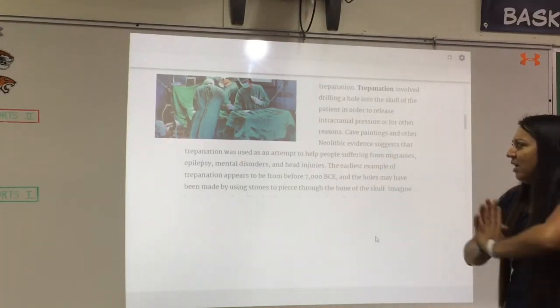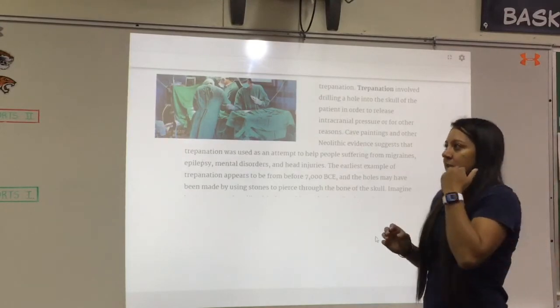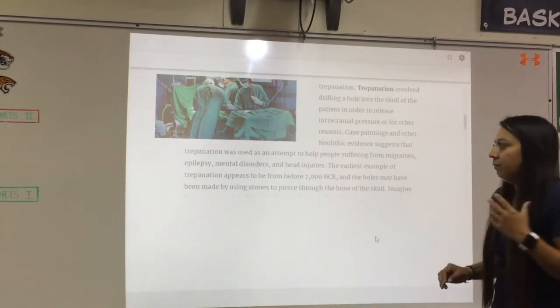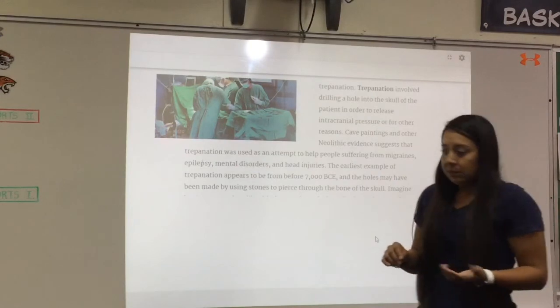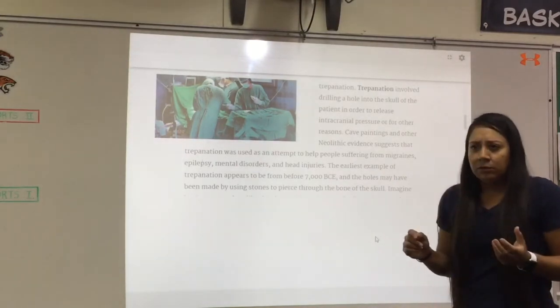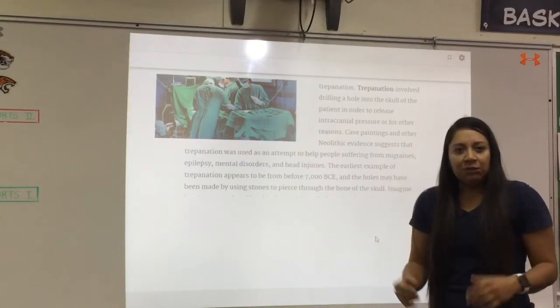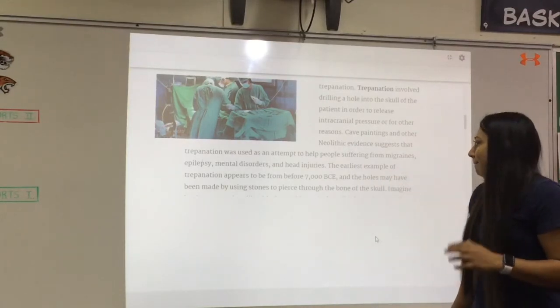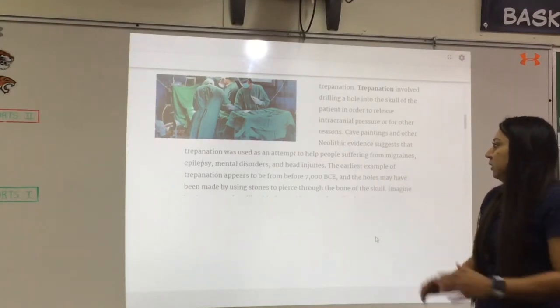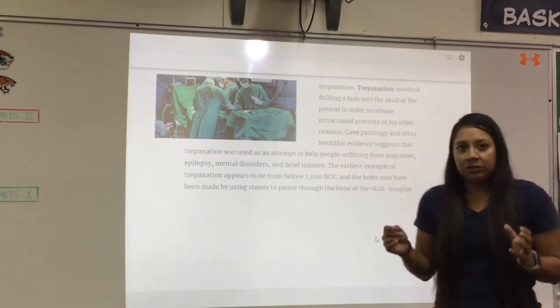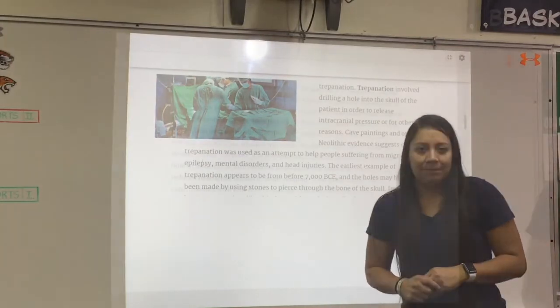It was thought that trepanation would be a cure for people that were suffering from migraines, epilepsy, any type of mental disorders, and if they suffered a head injury and they needed that release of pressure in the skull. So that's one of the earliest forms of surgery that we can identify.